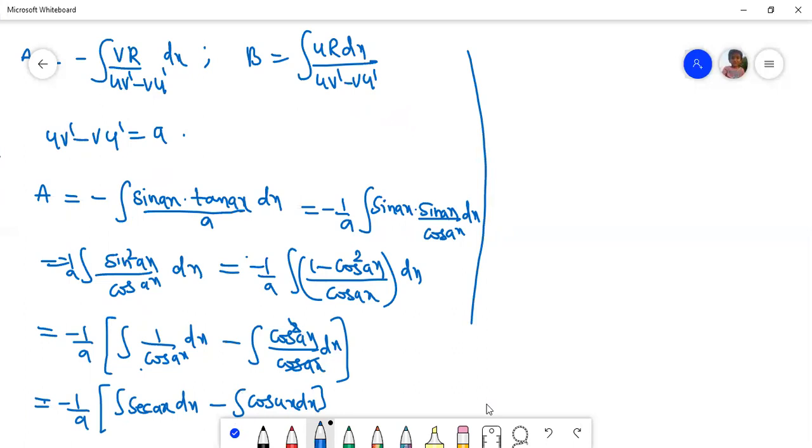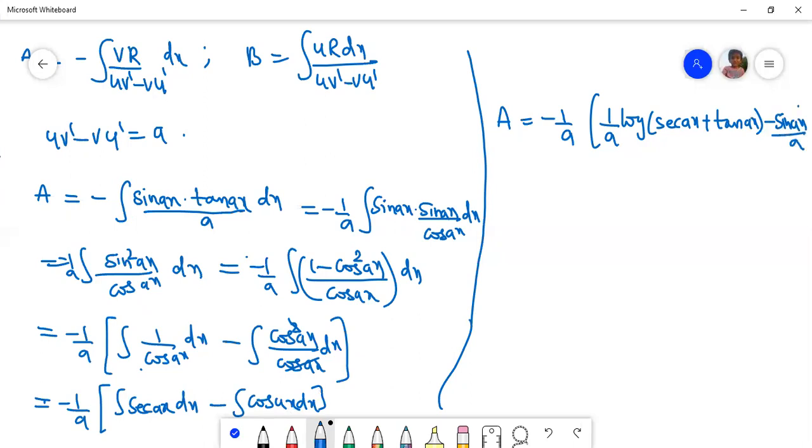Here a equal to minus 1 by a. What is the formula of secant ax? 1 by a log of secant ax plus tan ax. Okay. Next, cos ax integration is sin ax by a.